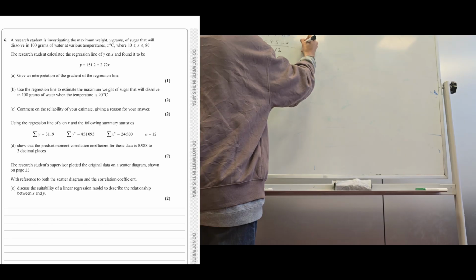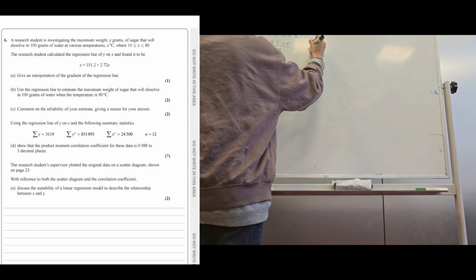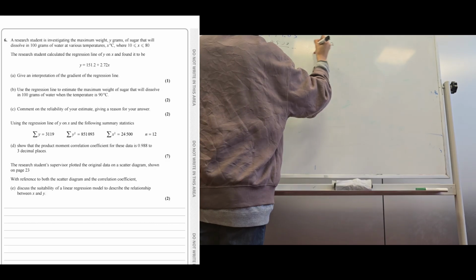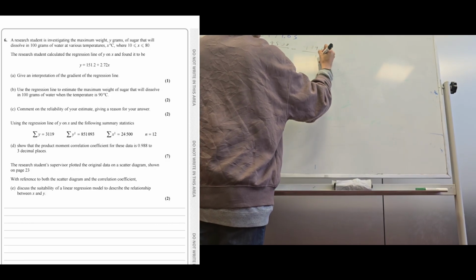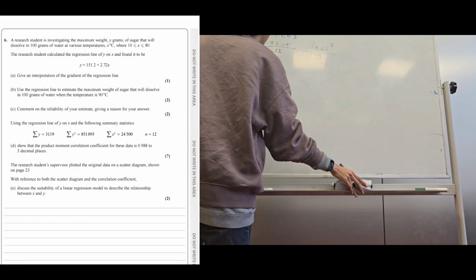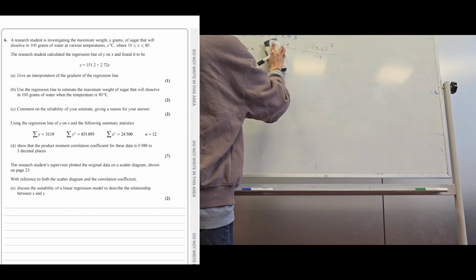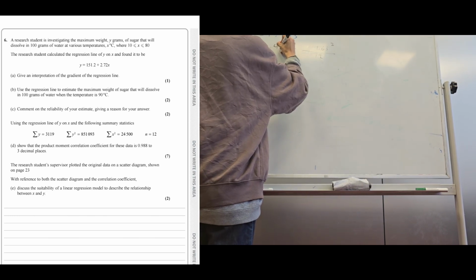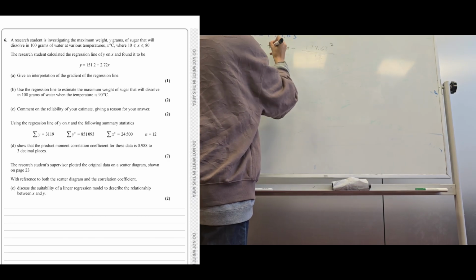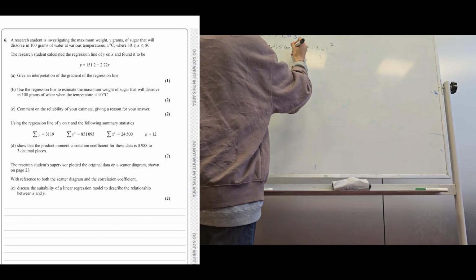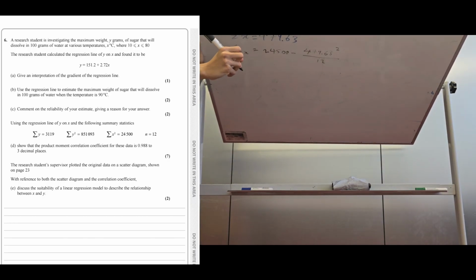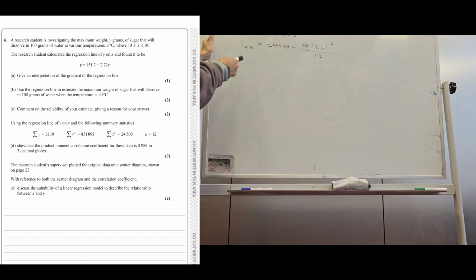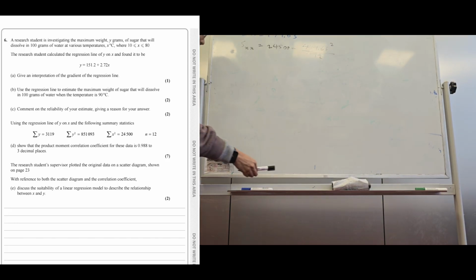So summation of x the whole square is 479.63 the whole square, divided by 12. Sorry, there's no divided by 12 here, my bad. This is our formula for Sxx.